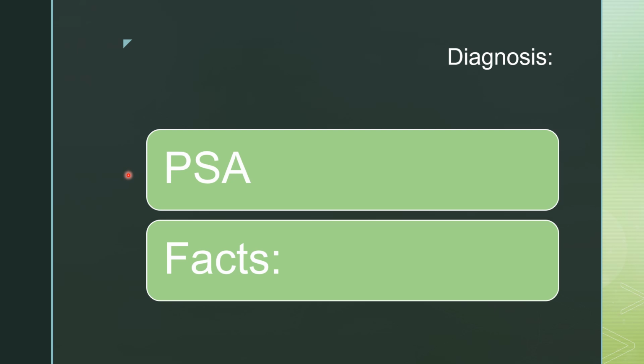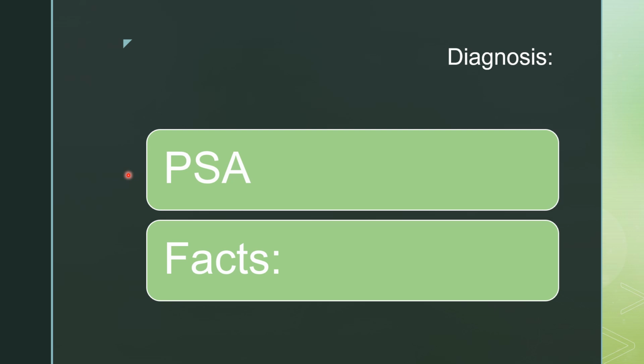This is prostate-specific antigen. It is an enzyme, but of course we know that it is a protein, right? Secreted by the prostate gland. Some said that it is a tumor marker specific for prostate cancer. I disagree totally. I disagree.